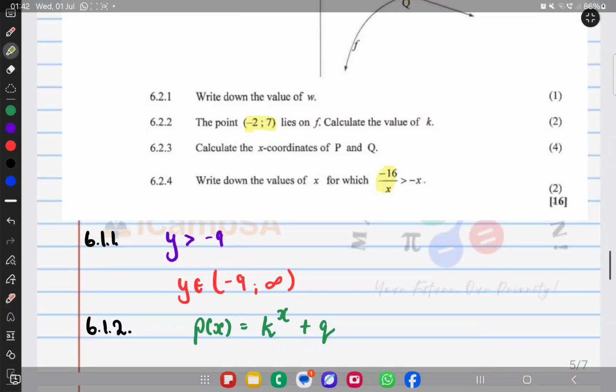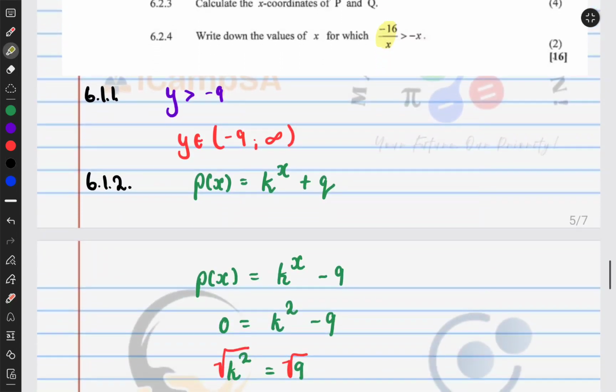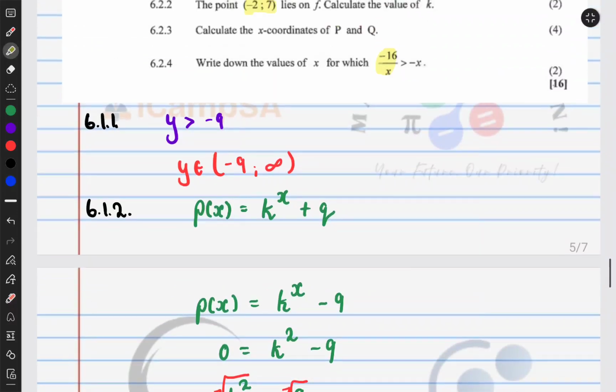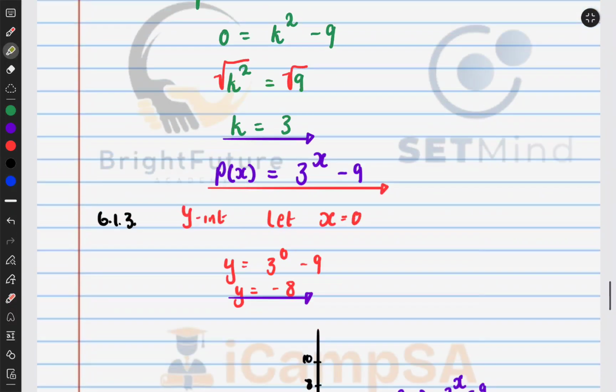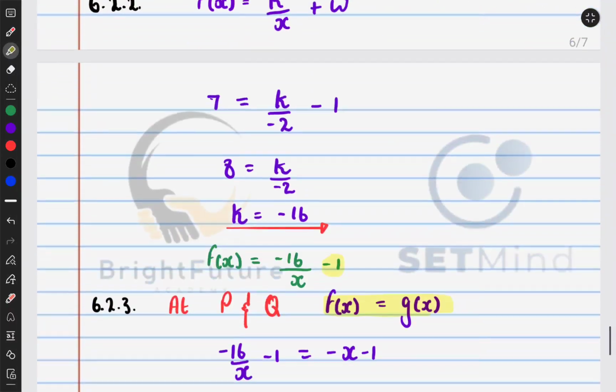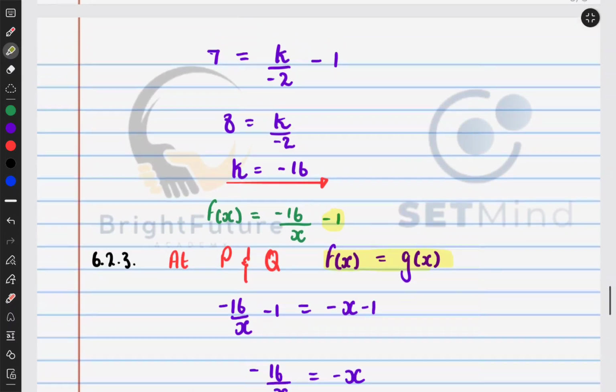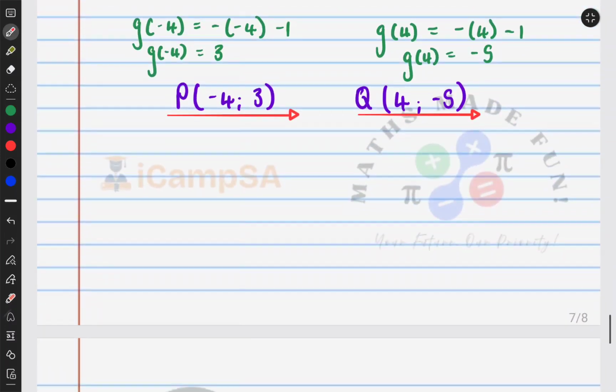So for 6.2.4, let's just solve for the values of x that will justify that inequality. That would be the simplest way to go about 6.2.4. I was trying to solve it using the graph, but I see that this is just an inequality.